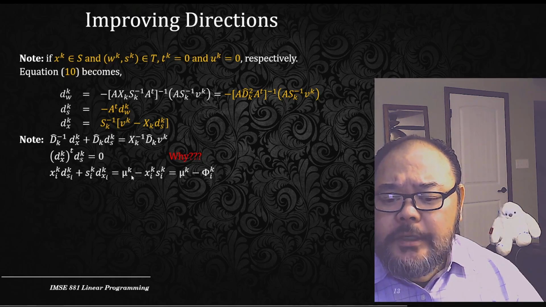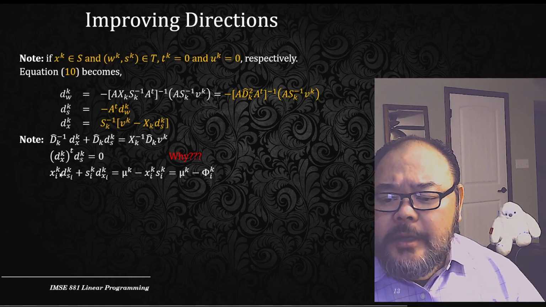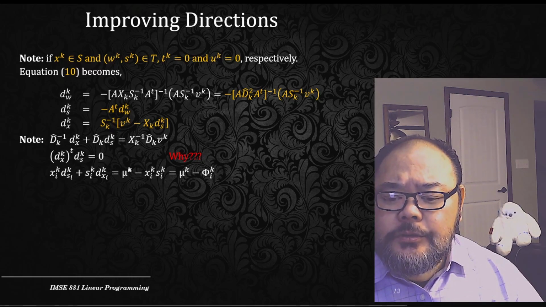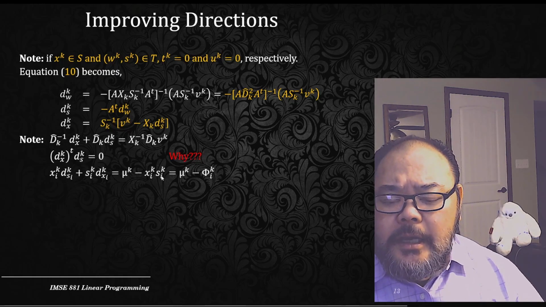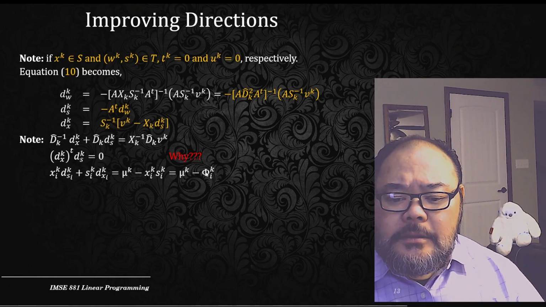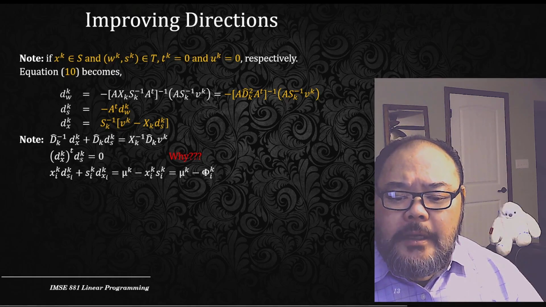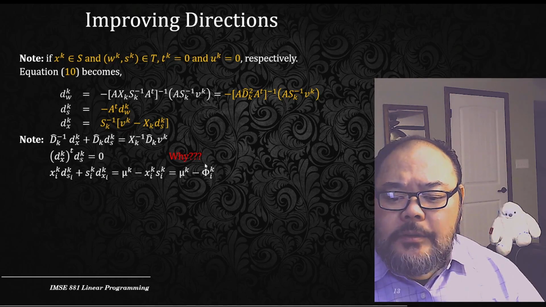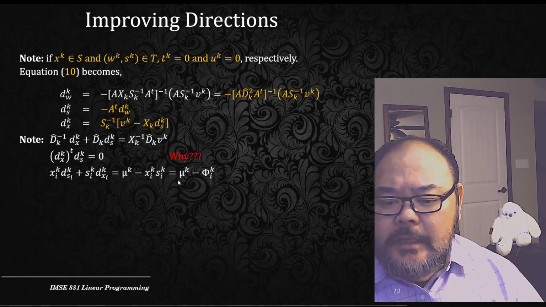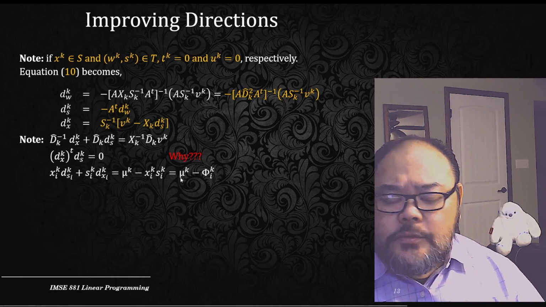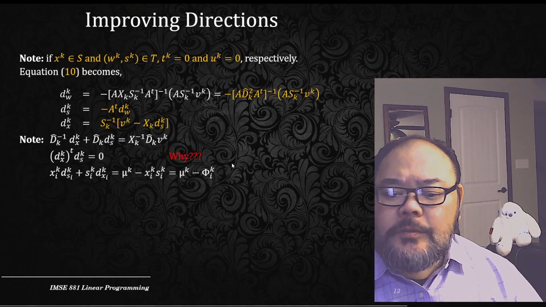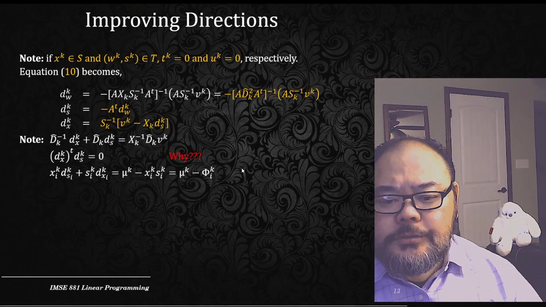Therefore, we can calculate, for each complementary slackness condition, mu k minus xik times sik, which is equal to mu k minus phi of ik. So this is our complementary slackness condition. Once this reaches 0, then we have the optimal solution.